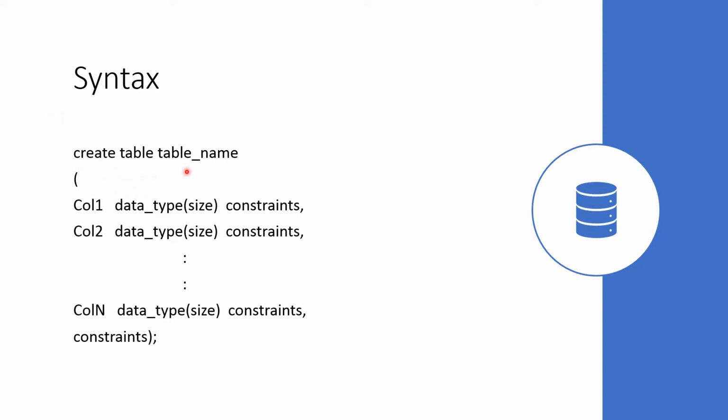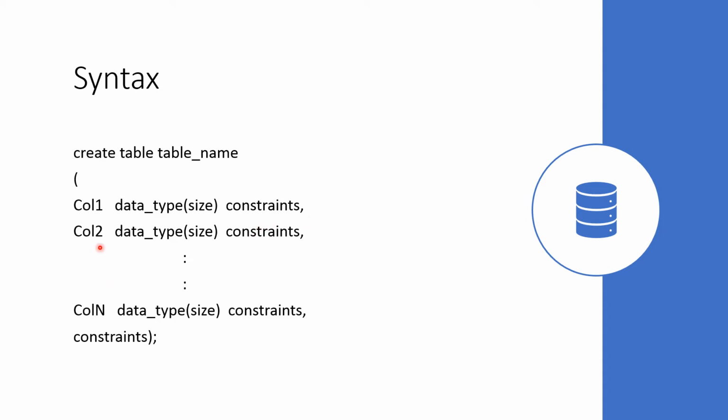Create table, table name, column 1, its data type and the size. And for this particular column, what constraint you require. There are 5 types of constraints like primary key, foreign key, unique key, not null and check constraints. I will create a separate video on constraints, so don't worry.